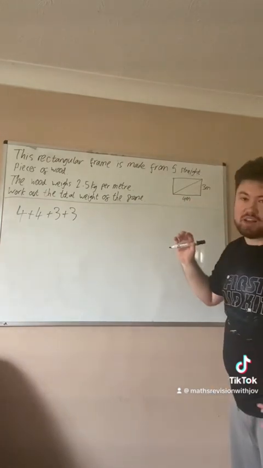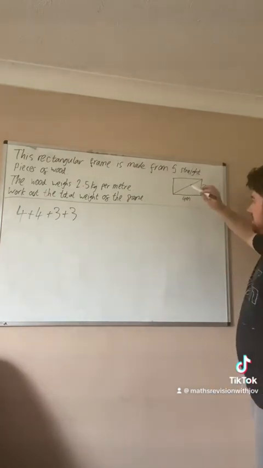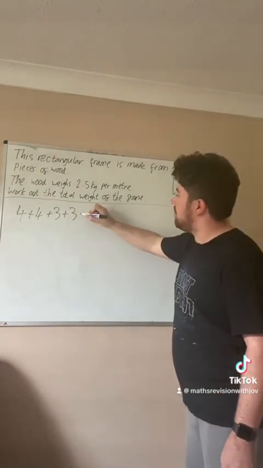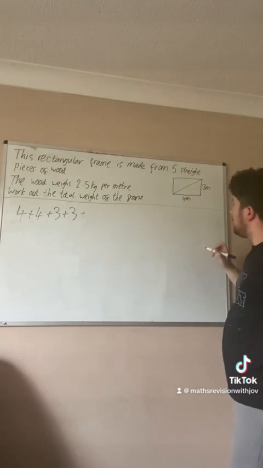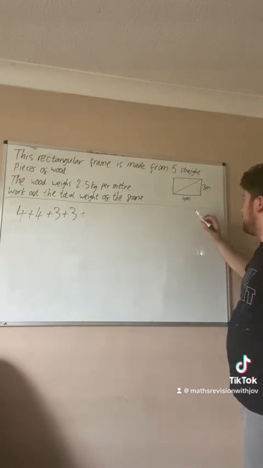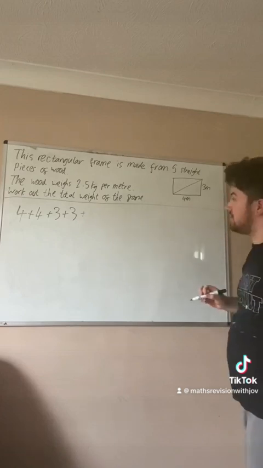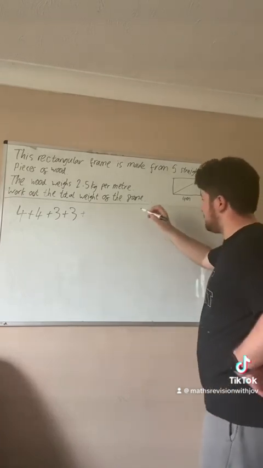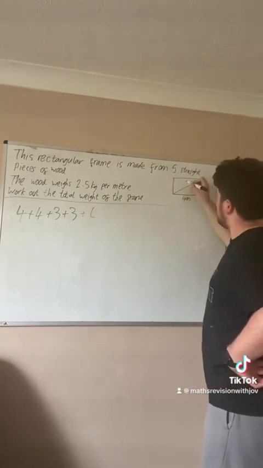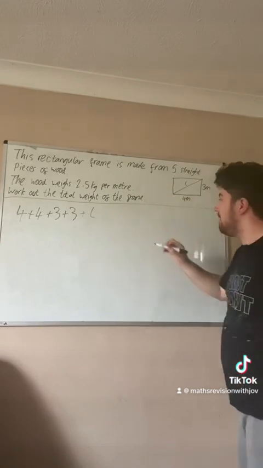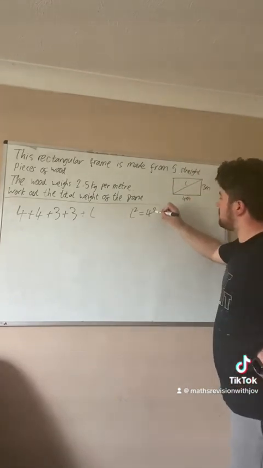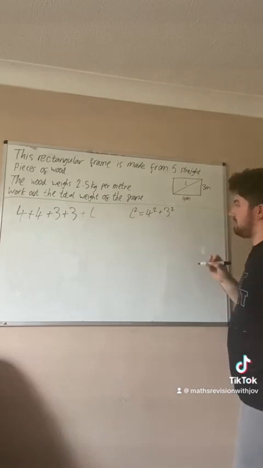We have one length to find, and that is this diagonal here. We can do so by the Pythagorean Theorem, so we can just add on one more length. Now, we know that the length of the hypotenuse squared is the sum of the other two sides squared. So this length L is such that L squared equals 4 squared plus 3 squared.